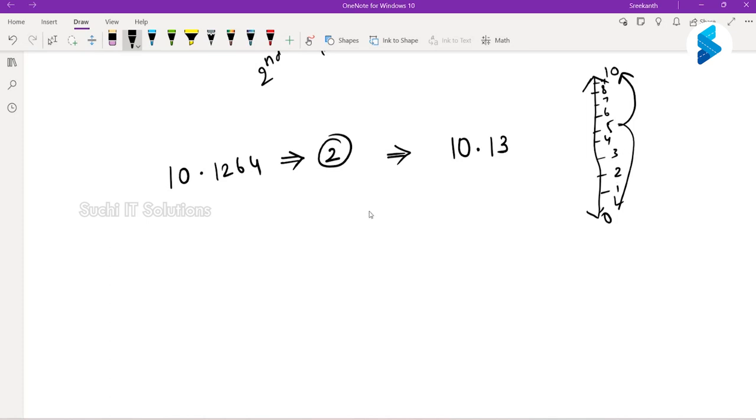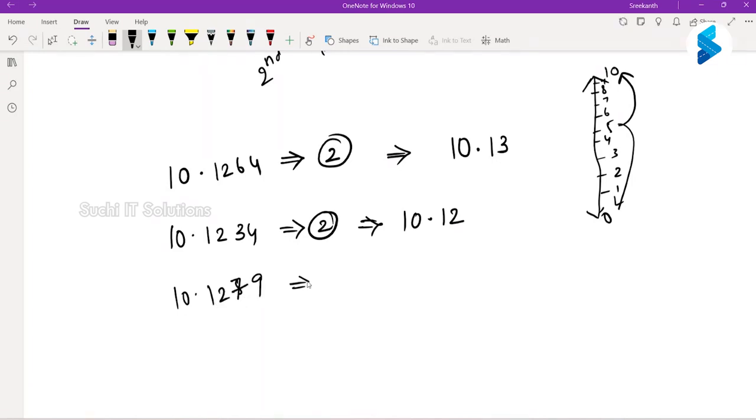So if I say 10.1234 and round to 2 decimal points, the value would be 10.12. If I say 10.1279, rounded to 2 decimal points, it would be 10.13. Okay, let's try that.